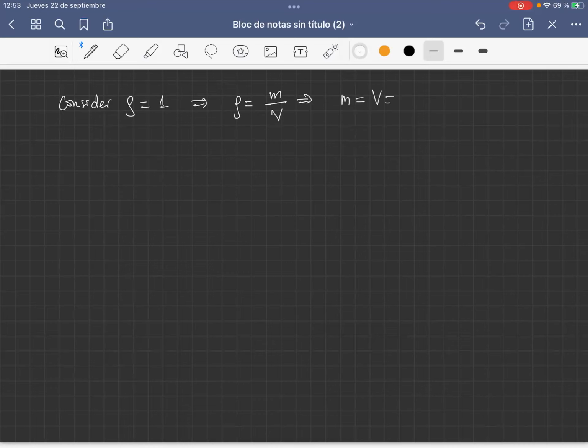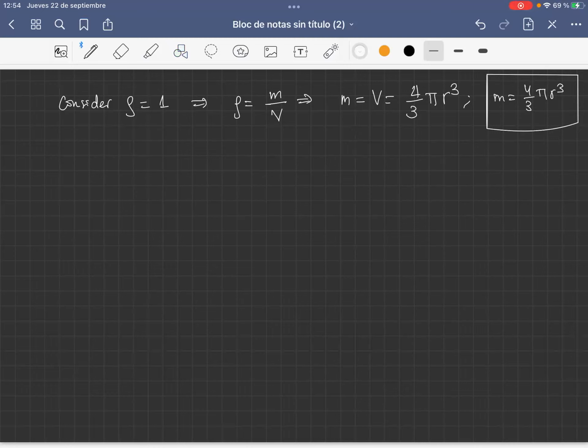And the volume, we said that it's going to be spherical. So it's going to be 4/3 of pi radius to the third power. Okay, so we have that on one part. So that's the mass. And how the mass is related to the radius. That's one.